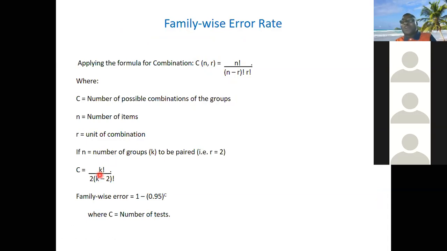And since we are talking of 2 at a time, it's paired, so r is 2. Our adapted formula for the number of tests to carry out, or the number of pairs, is k factorial over k minus 2 factorial times 2 factorial. Okay, the 2 factorial is supposed to be here. Mistake. But it will give you the same thing.